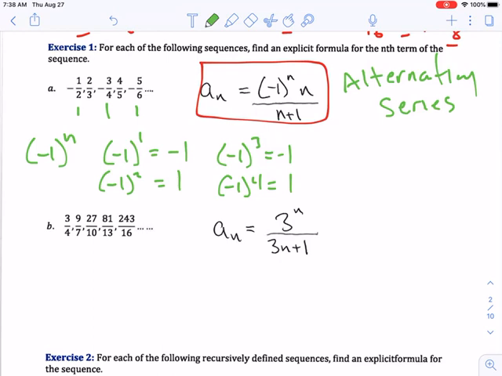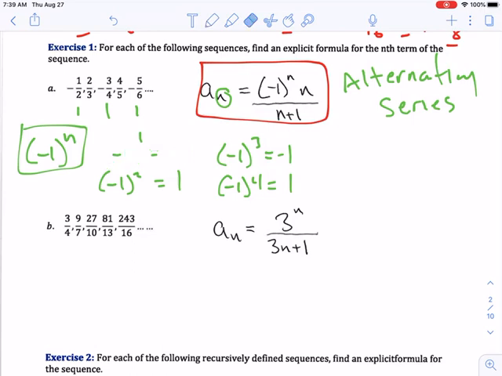So you can see, starting with n equals 1, we have a negative, then a positive, then a negative, and a positive. And we usually start n with 1. So that's what we want. We want the first, the third, the fifth, every odd term to be negative. So this is the first part of our formula.